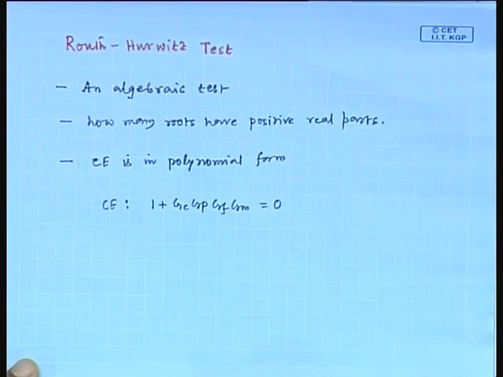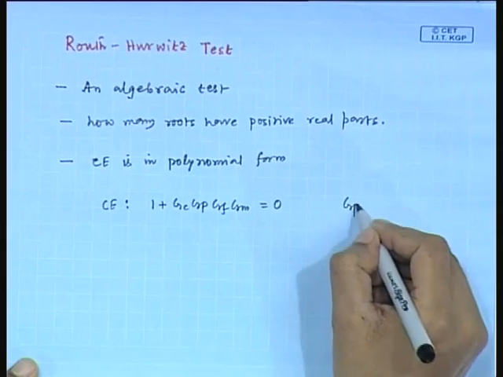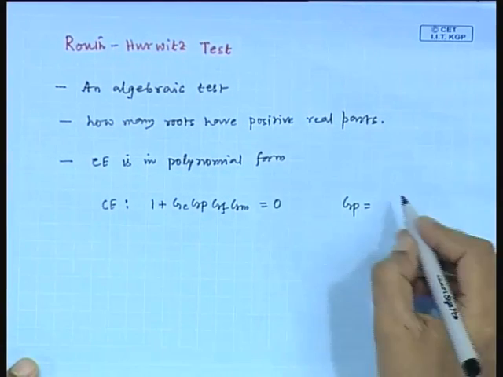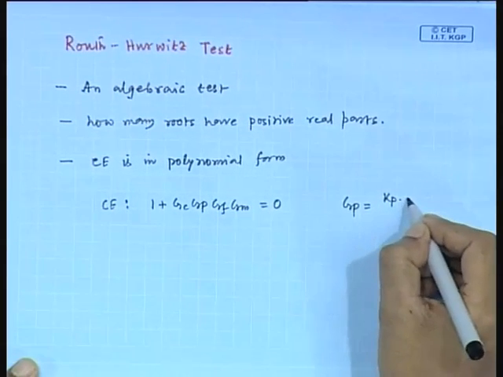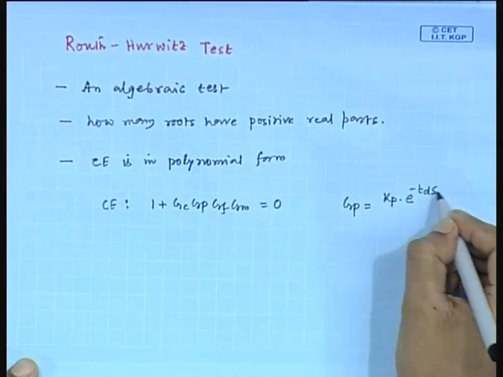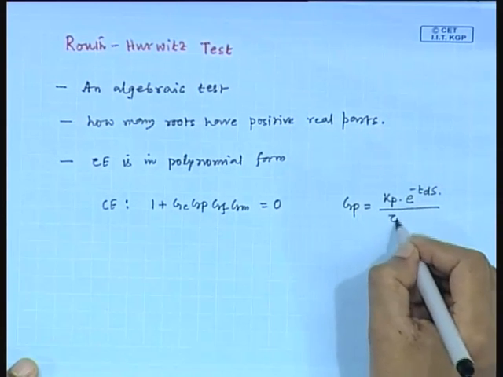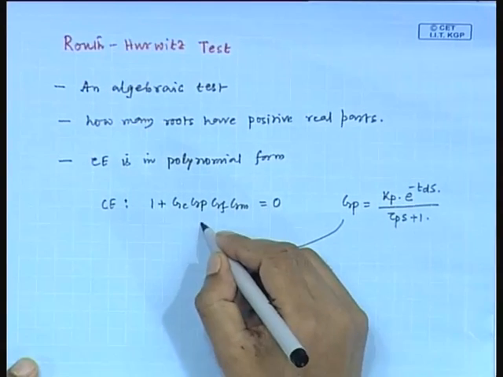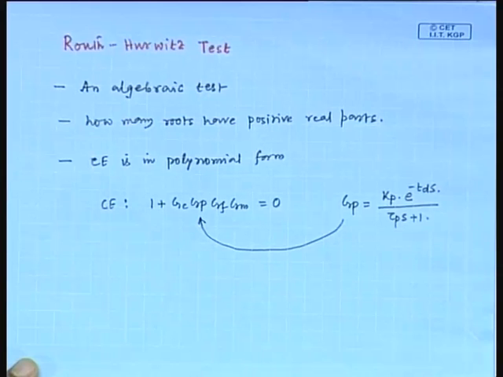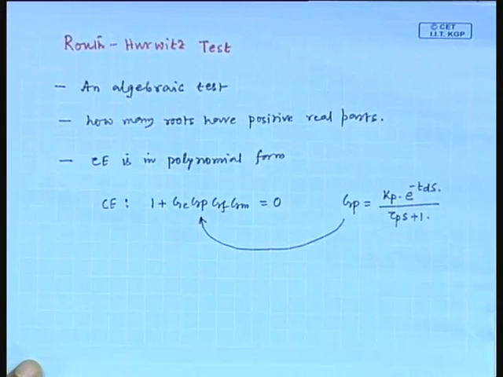Now, suppose the process is a first order plus dead time process, with the transfer function Gp equals Kp exponential of minus tau d s divided by tau p s plus 1. Now, if we substitute Gp in this characteristics equation, we do not get polynomial form.